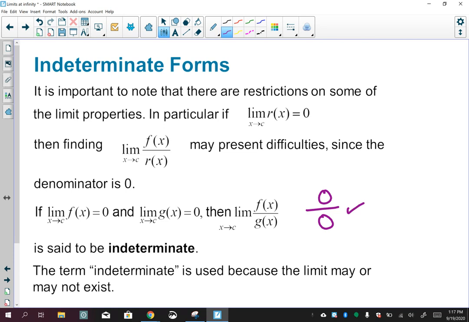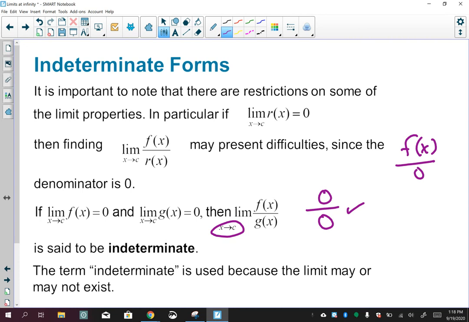If you get something over 0, that's not a good thing because you may not be able to do anything with it, which means you're going to wind up with not having a limit. But if you have 0 over 0, with both top and bottom going to 0, you could do some algebra, cancel things out, and rerun the limit at that specific number and actually come up with an answer.